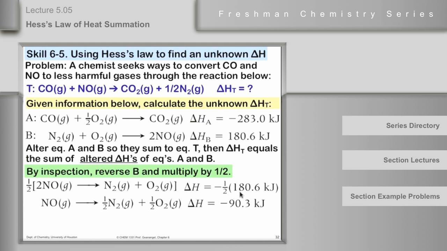The delta H for that would be minus 180.6. And then we're multiplying that by 1/2, so the delta H would be minus 1/2 of 180.6. So the altered equation B is NO gas goes to 1/2 N2, multiplying everything by 1/2 here, plus 1/2 O2, and the delta H is negative 90.3 kilojoules.